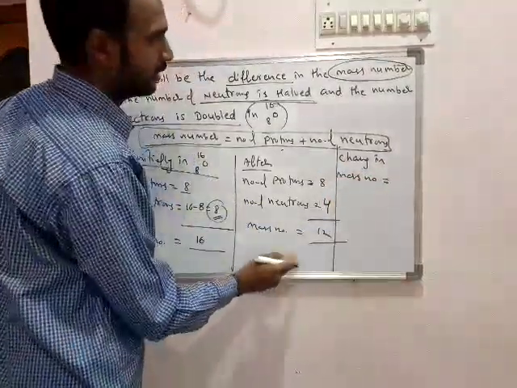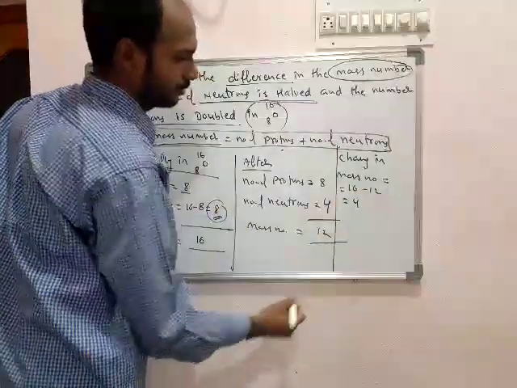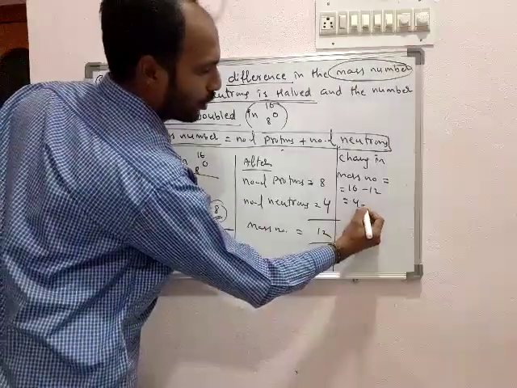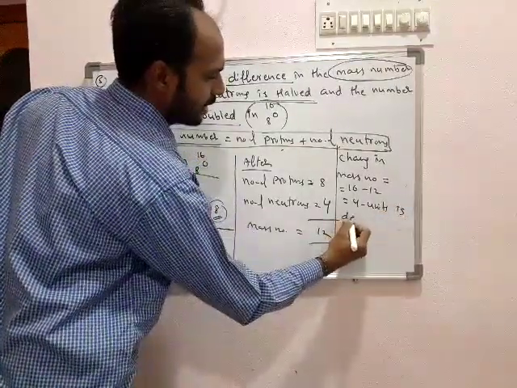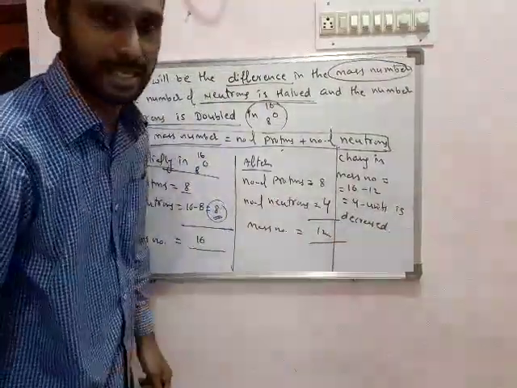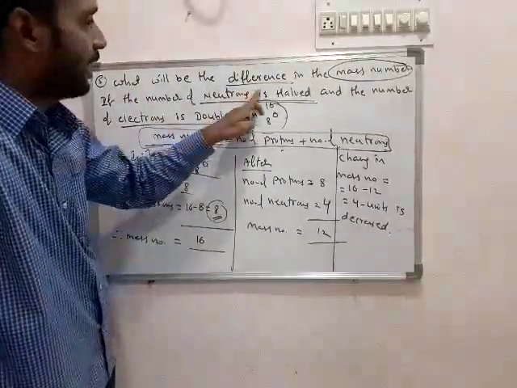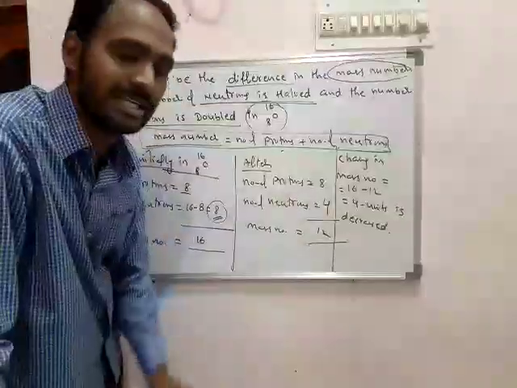Change in mass number. 2 means 4 units is decreased. So what will be the difference? The difference is only 4 units decrease.